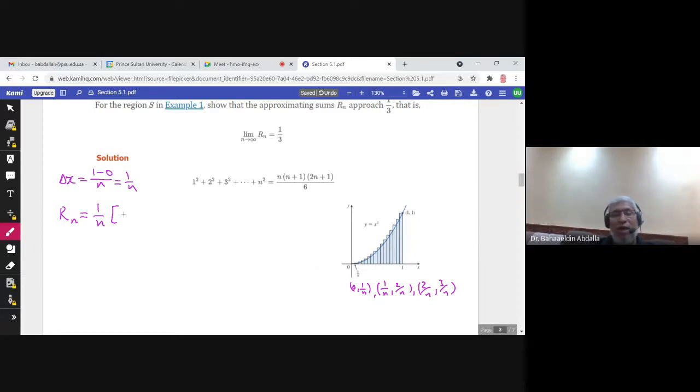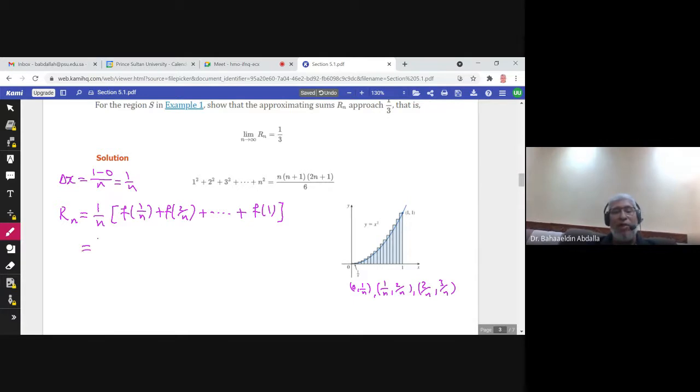So we will have f of 1 over n, which is the right endpoint. This is the length of the first rectangle, plus f of 2 over n. This is the length of the second rectangle, and so on until we reach f of 1, which is the right endpoint of the last rectangle.